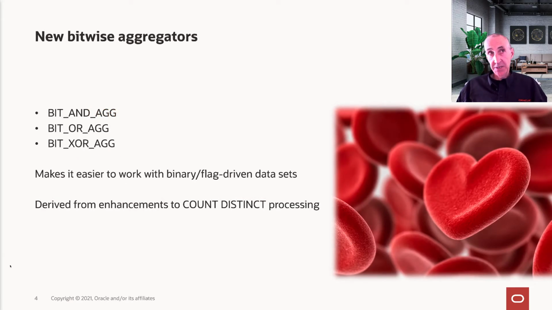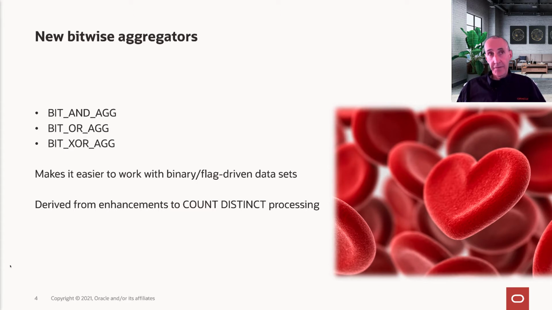Next down the list, bitwise aggregators. In an earlier release of Oracle database, we did some pretty significant enhancements to speed up count distinct processing. A lot of people asked us, how have you done that? Is there any chance we could also do bitwise operations? And could we have access to some of the features that you've used to drive distinct count processing? So we've opened that up.